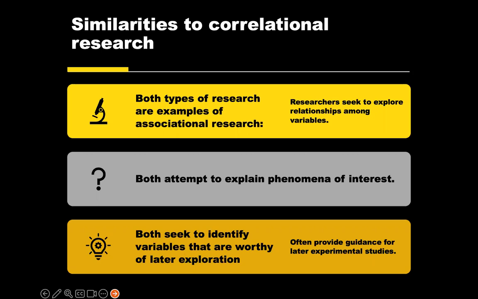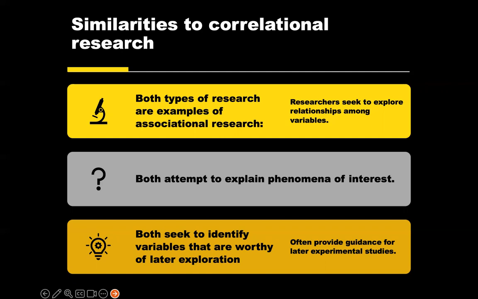The only difference between causal comparative and correlational research is actually the statistical tools that are used. We will make that more clear as we move forward. Both attempt to explain phenomena of interest. They both seek to identify variables that are worthy of exploration and often provide guidance for later experimental studies.